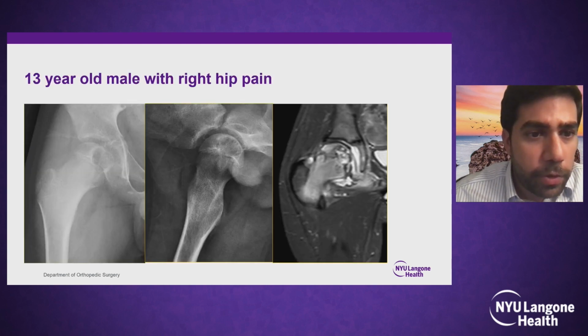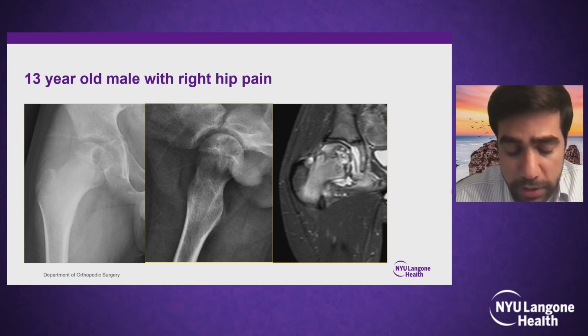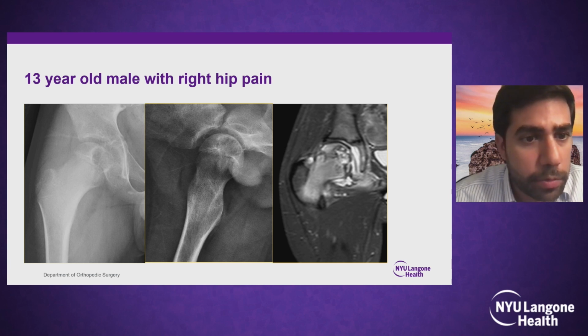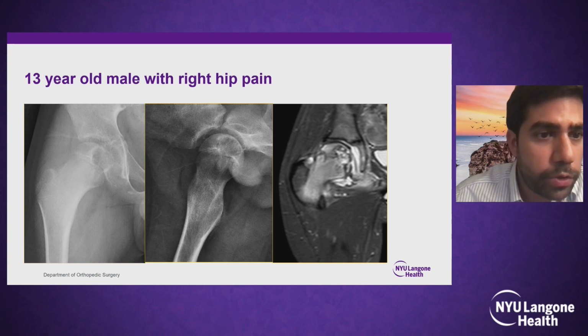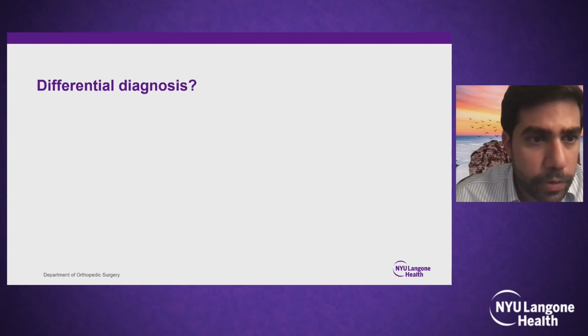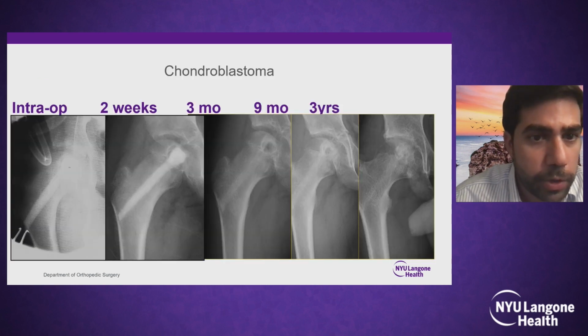So the proximal femur, this area does not have as much growth as the distal femur, but can be problematic in some circumstances. So there's a patient, a 13-year-old with right hip pain, also epiphyseal lesion. It looks like there's a lot of swelling, also chondroblastoma.